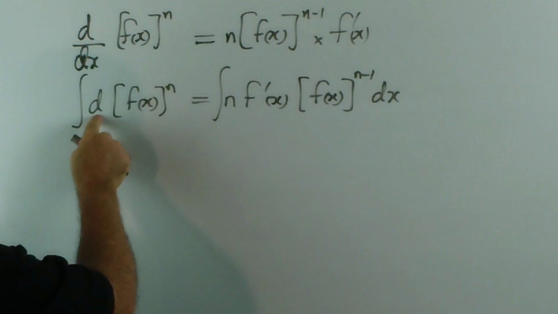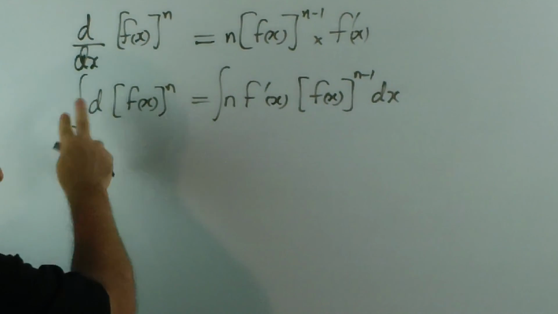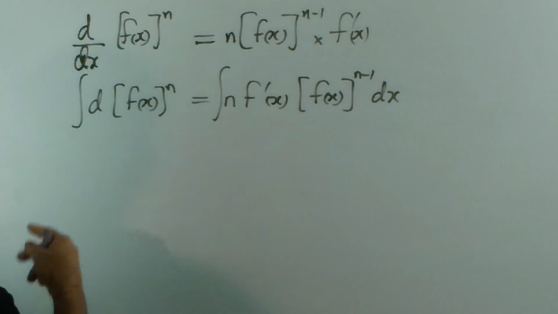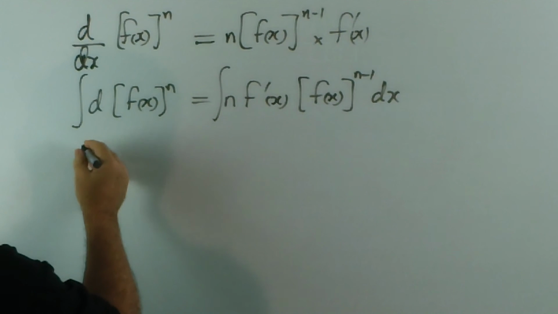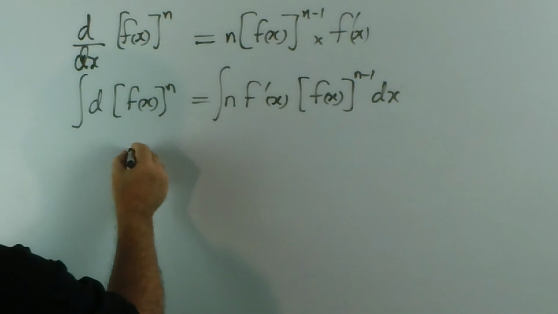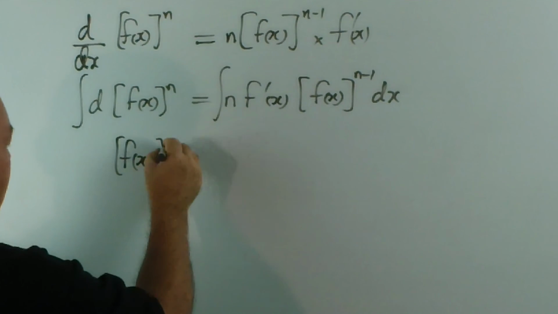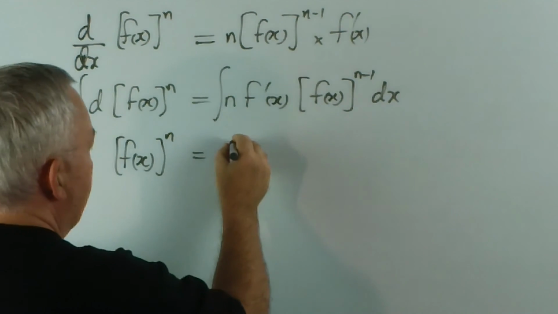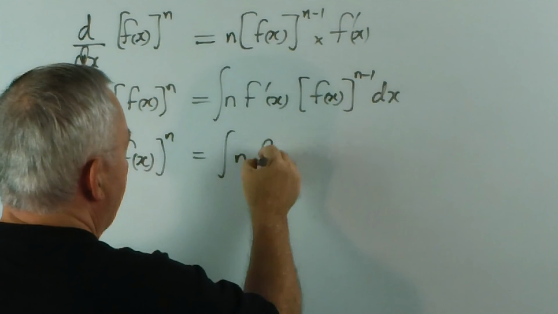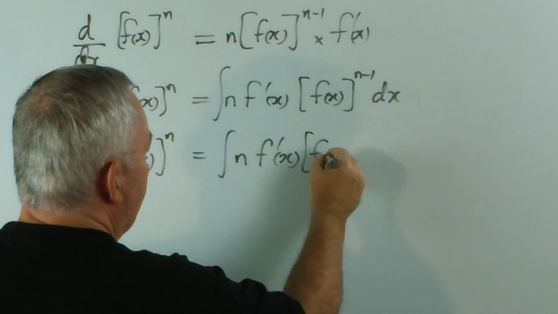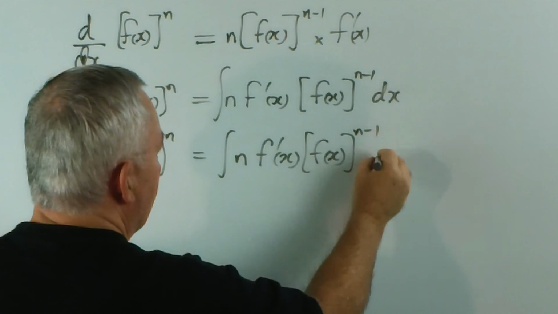Now the integral and the derivative undo each other because integration is finding the antiderivative. So they undo each other. We're left with some function of x to the power n is the integral of n f dash x f x to the n minus 1 dx.